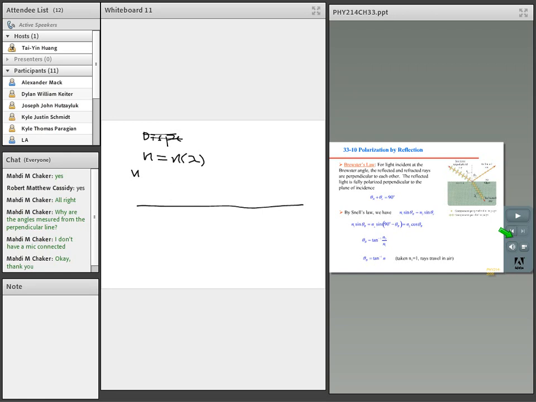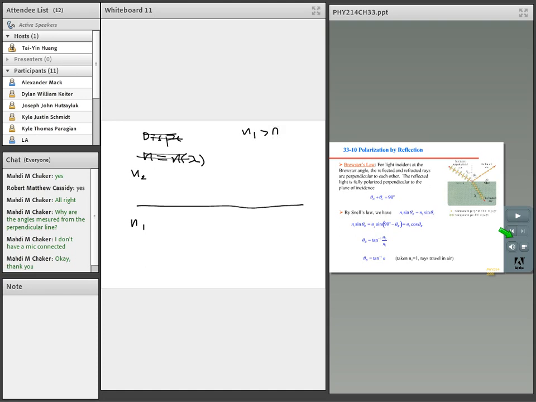Okay, let's be consistent: this is what we call N1 now, and this is what we call N2. In this case, because the lower part is in color, it has a higher index of refraction. So the situation we have here is that N1 is greater than N2.